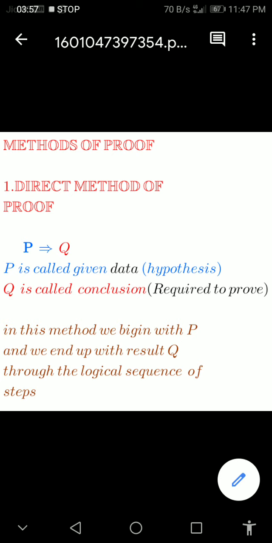While in the indirect method of proof, how do we solve? Let us see.